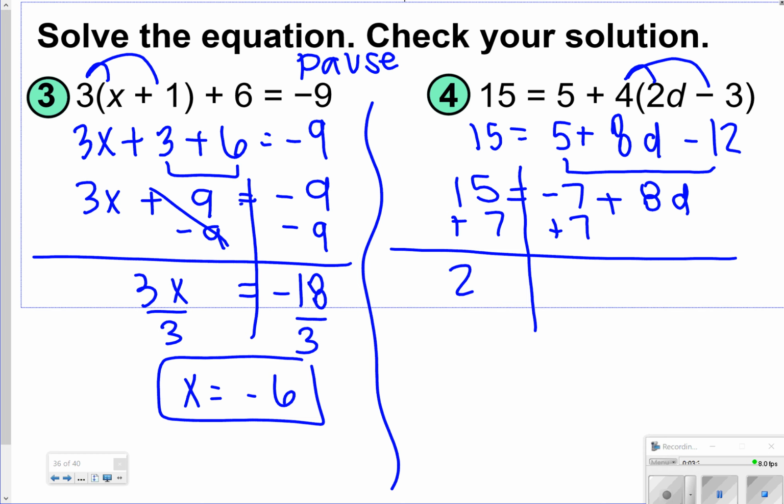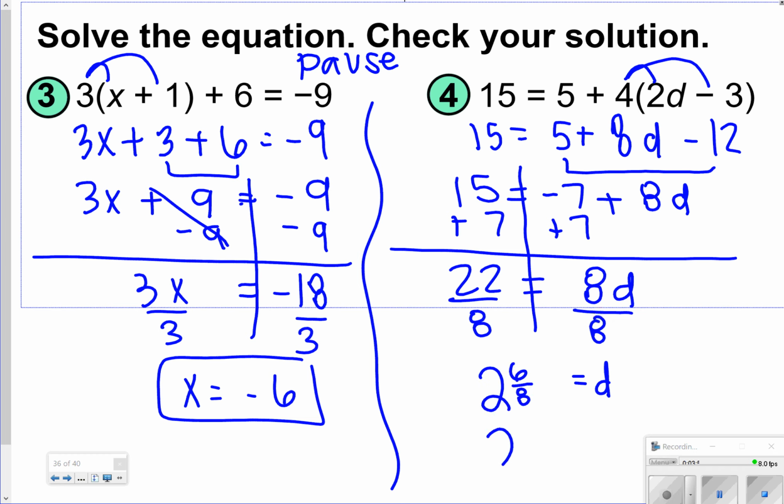I'm going to get 22 is equal to 8d, and then I'm going to divide both sides by 8 to get d isolated. So 8 will go into 22 2 times with 6 left over, so 2 and 6/8, but we can reduce that to 2 and 3/4. Okay?